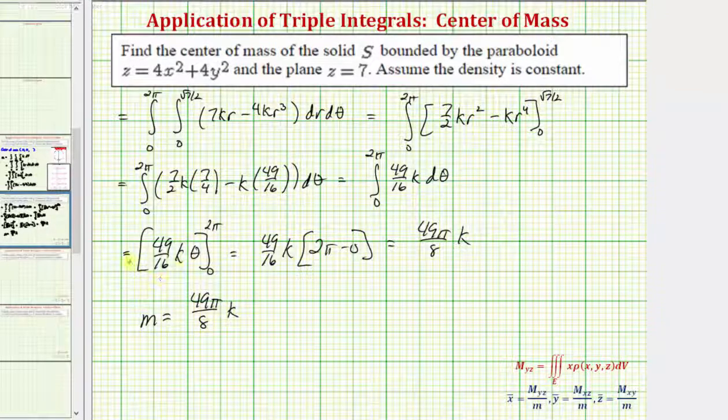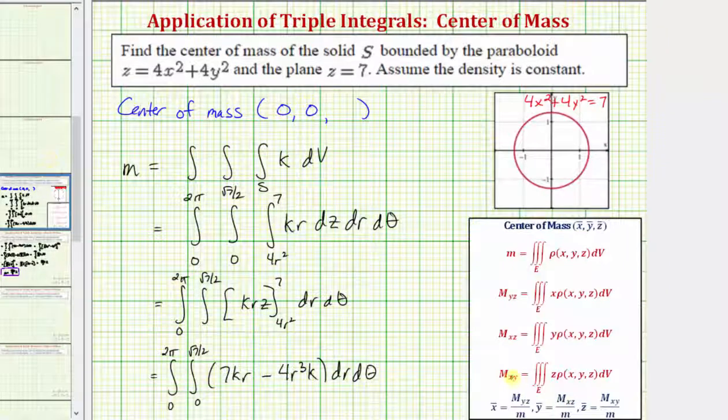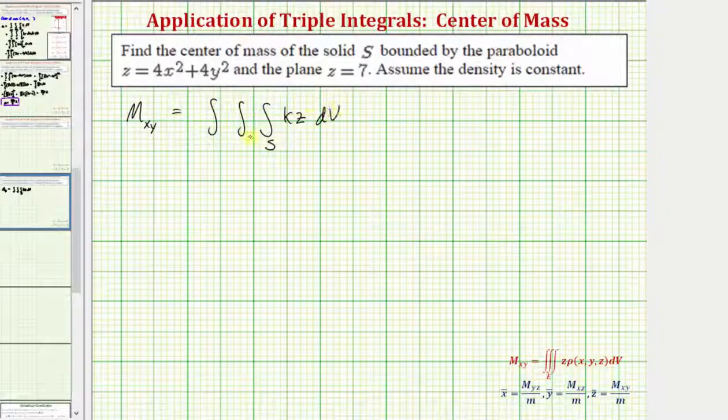which we do need to find the center of mass, but we still have to find the moment about the xy plane given by m sub xy. So the moment about the xy plane is equal to the triple integral over the region S, and the integrated function is going to be z times rho of x comma y comma z, where again rho is a constant, so we'll have k times z dV, and again we'll use cylindrical coordinates to evaluate this triple integral.